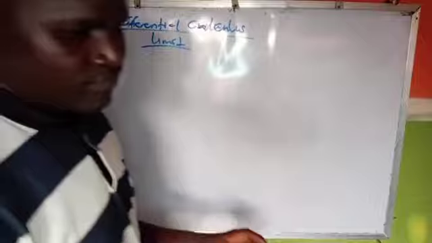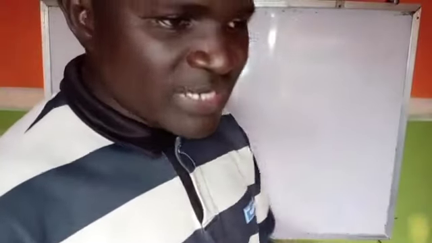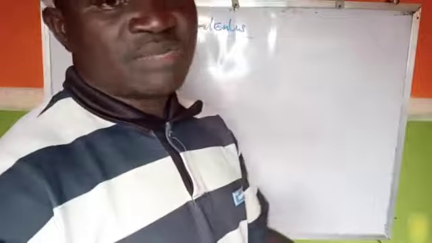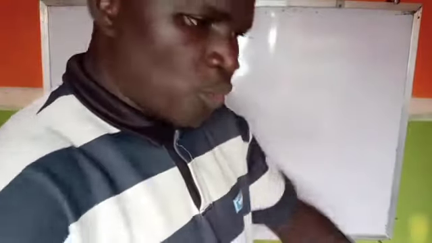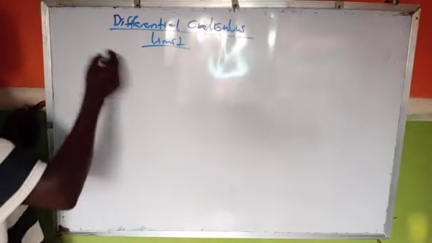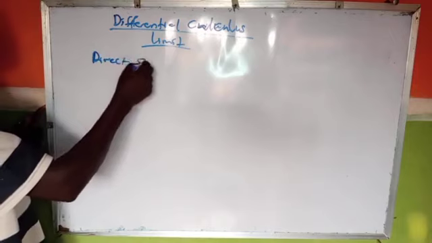Why sum? If you substitute it directly, it can give you an indeterminate value, which we call infinity. It can be a product, a division, a multiplication, or whatever. So let's talk about direct substitution.